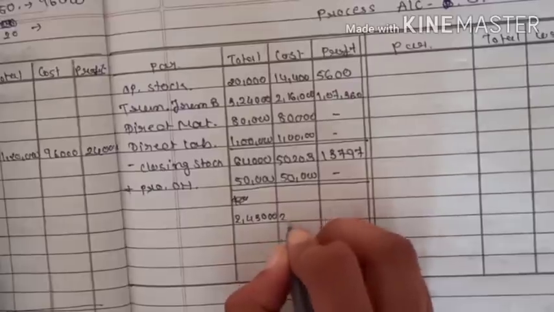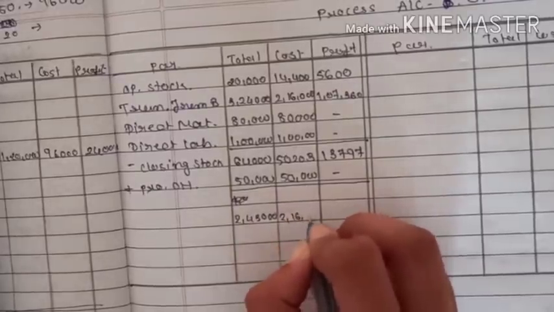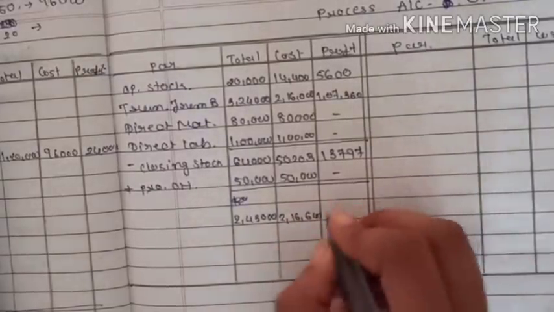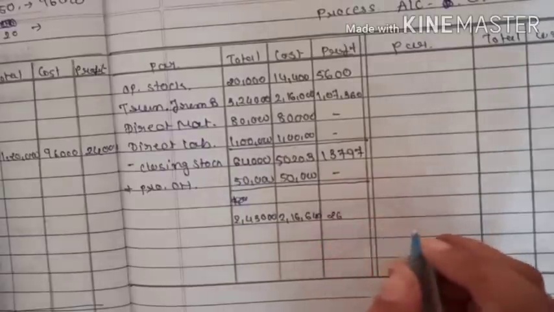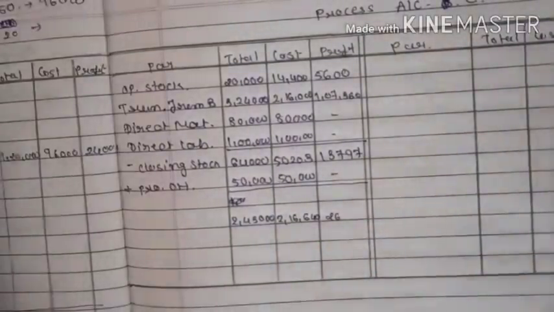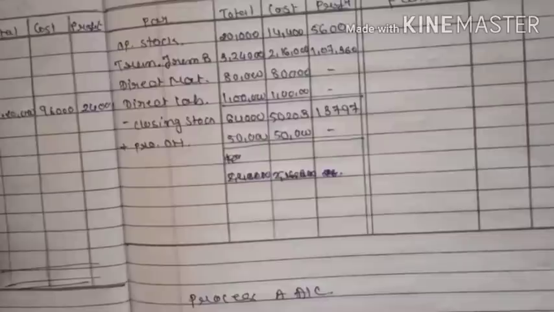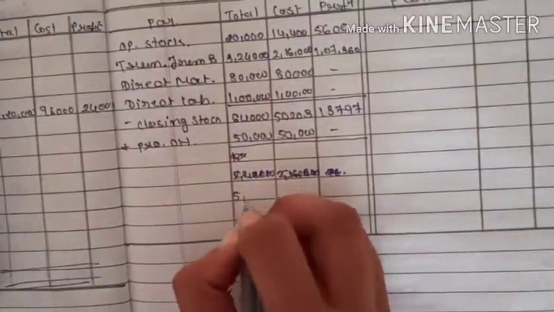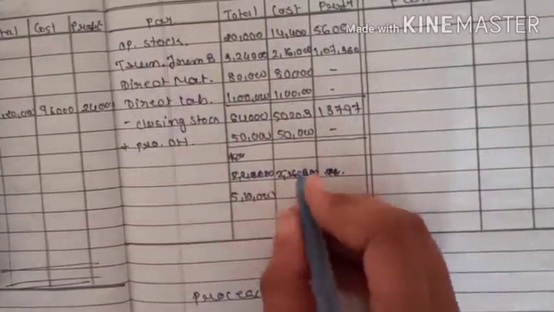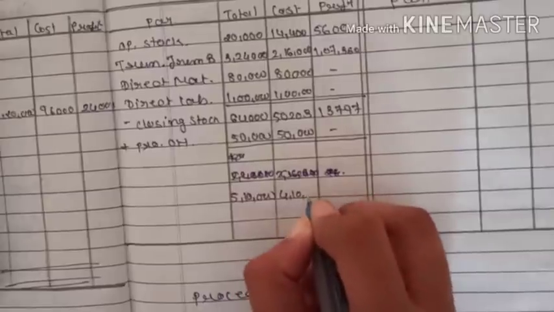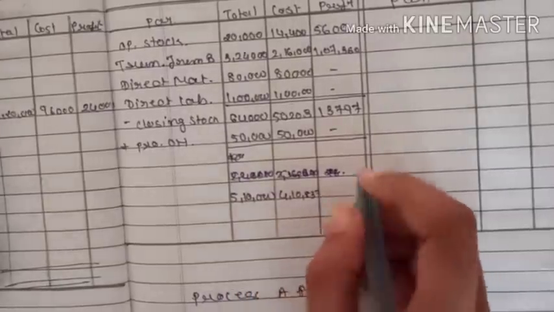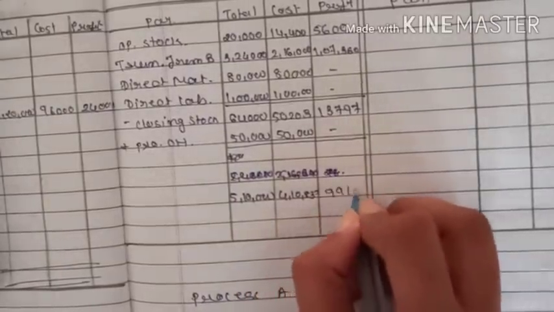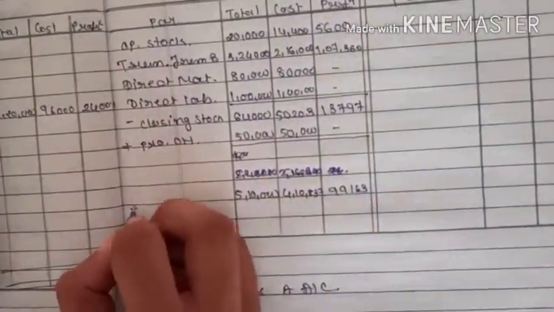Then 2,16,640 and 26. Sorry. Total will be 5,10,000, 4,10,837 and 99,163. Total cost.